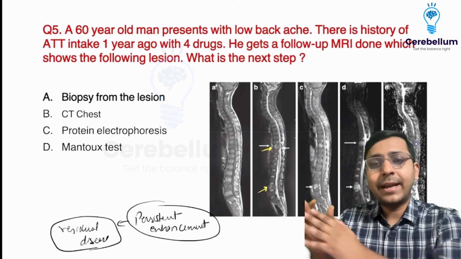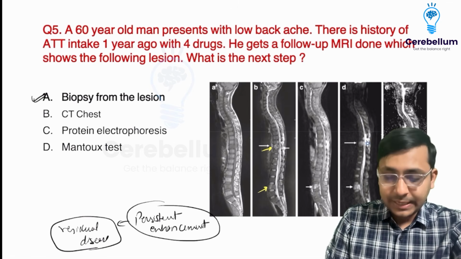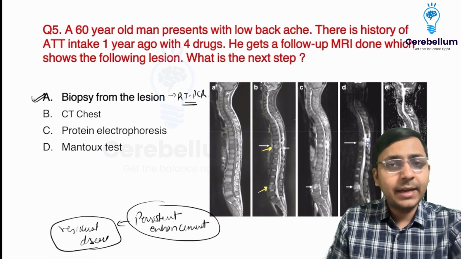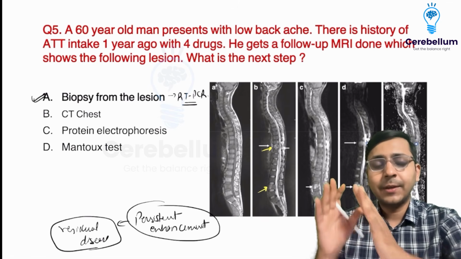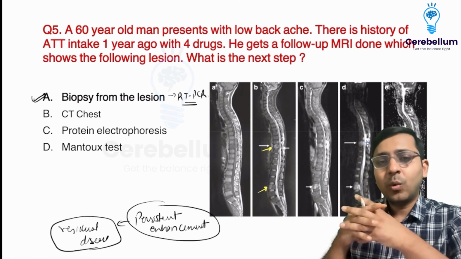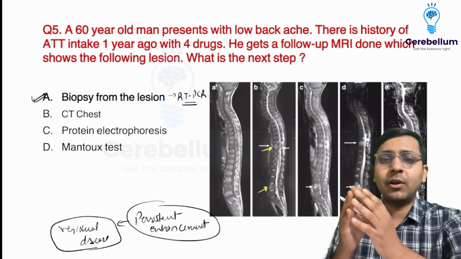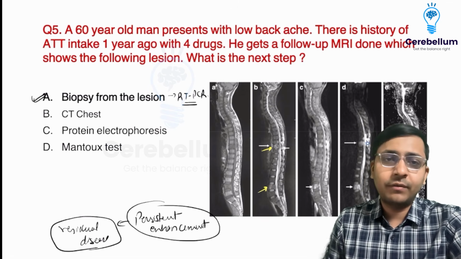So we want to rule out MDR and XDR, and hence we need to do a biopsy from the lesion and probably do RT-PCR. GeneXpert might be sent, and for that we need a tissue sample. Whenever there is residual disease post-treatment, a repeat biopsy is done to assess the histology again and to assess whether it is MDR or XDR TB. So the best answer here is biopsy of that lesion.